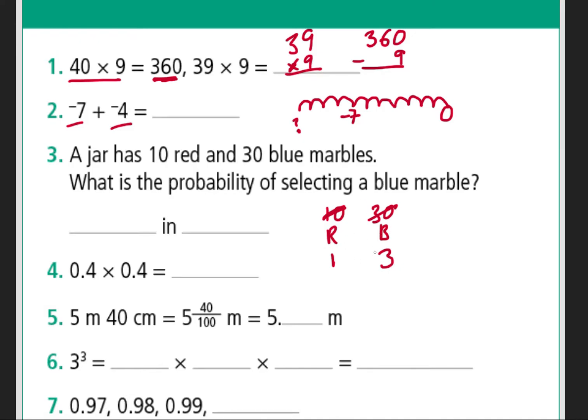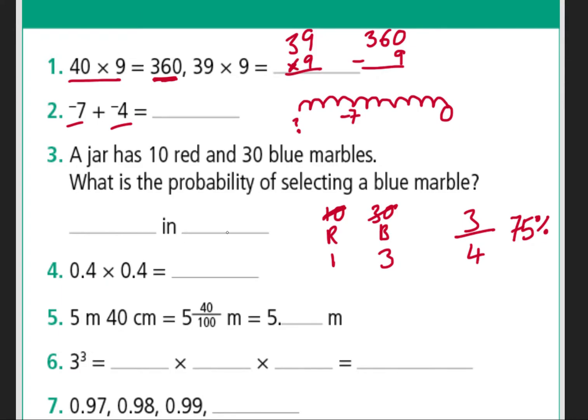Well, altogether, we're picking from a total of 4, and out of those 4, 3 of them are blue. So our chance is going to be 3 and 4. If we were looking for a percentage, our chance of picking a blue would be 75%. But they're looking for it as something and something here.